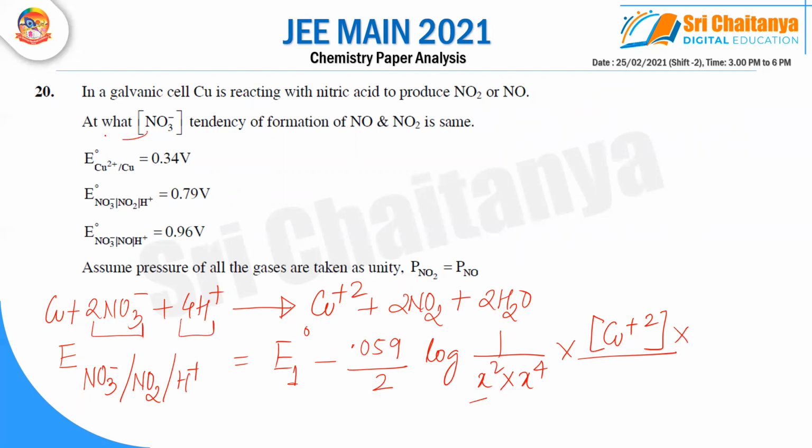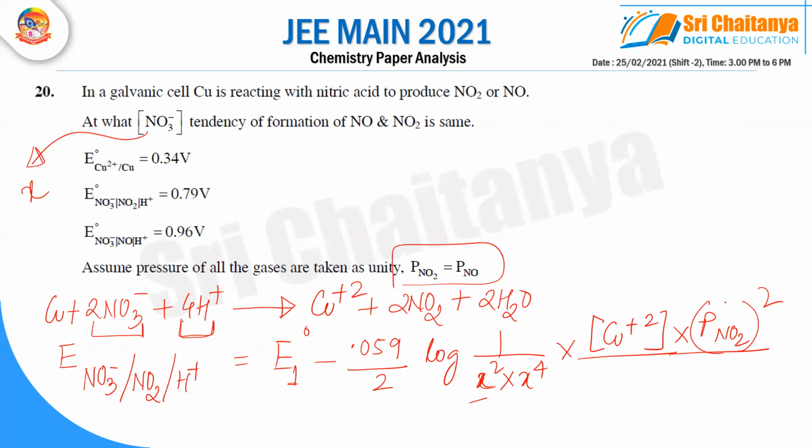Say for example, they are asking, I'm assuming it to be x. Therefore, we have an x square here and x to the power 4 here, and pressure of NO2 to the power 2.